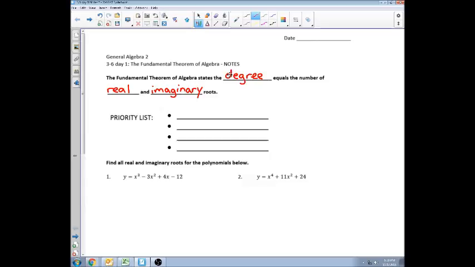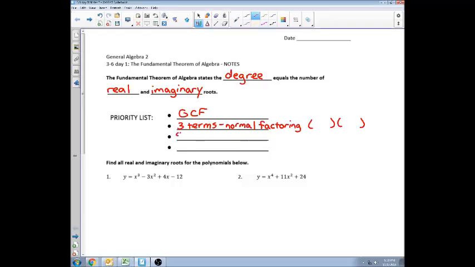Now we're going to have a priority list. A priority list will tell us what we should be looking for and in what order. So the first thing on the priority list is we are going to look for the GCF. The second thing, if we have 3 terms, we'll use normal factoring. It's where we split it into 2 sets of parentheses and get an answer that way.